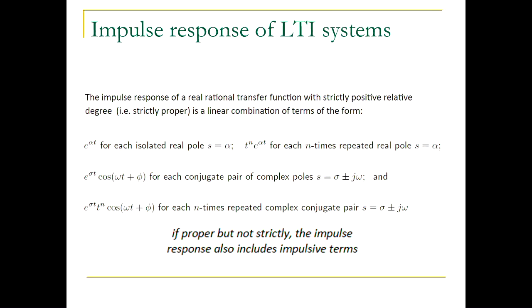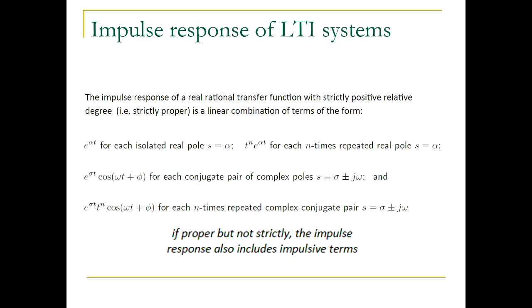So what this tells you is that, given any system, the impulse response of any linear system would consist of a weighted sum of functions that look like this. This goes through all possibilities.